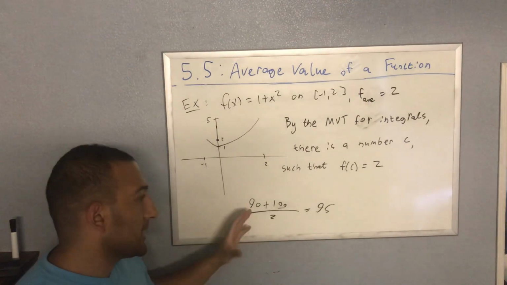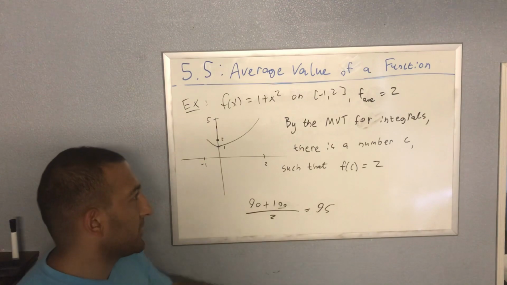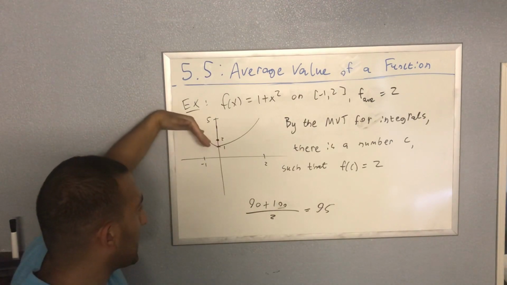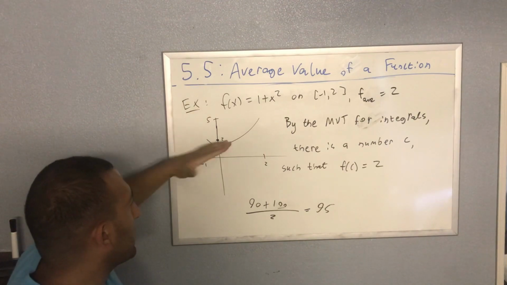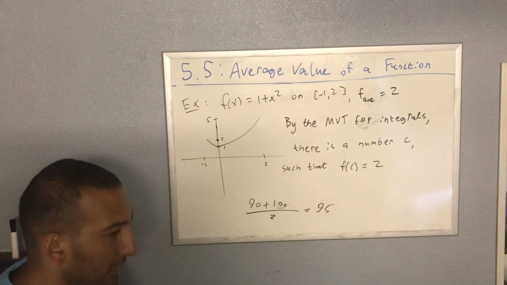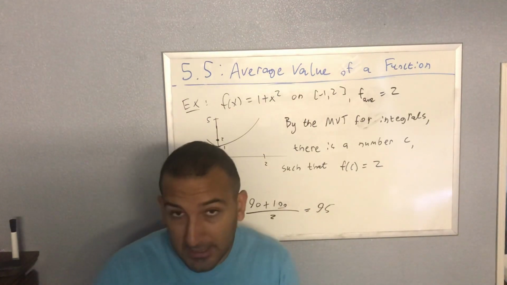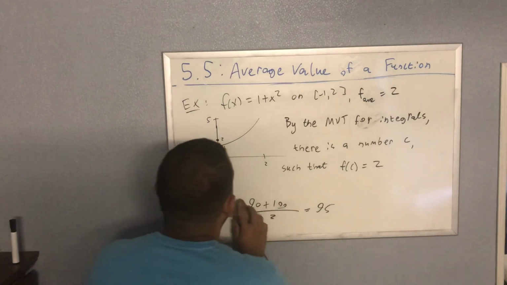So in that case, it's not necessarily true that one of the numbers on the list had to be the average value. But this function takes on every single value between 1 and 5, the lowest number and the highest number. So it hits all of these numbers, and there's an infinite amount of them. So in this case, this does happen. It's pretty interesting.